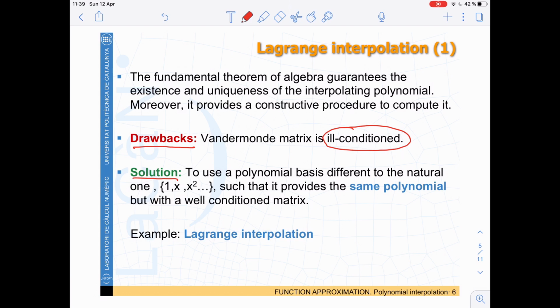Rather than expressing the polynomial in the natural basis of monomials 1, x, x squared, and so on, we will use a different basis to obtain, of course, the same polynomial, because we just saw that it is unique, but expressed in a different basis, and leading to a well-conditioned matrix. One approach along this line is what is known as Lagrange interpolation.